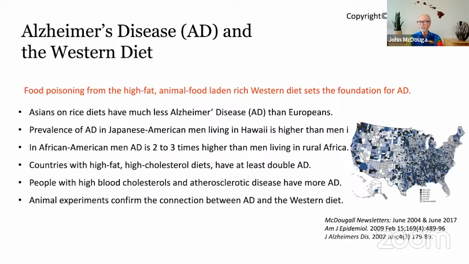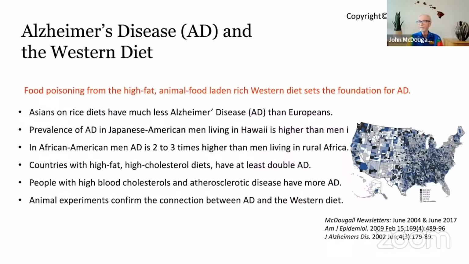As far as comparing Japanese Americans to native Japanese, the incidence of Alzheimer's disease is much higher in American Japanese people as opposed to people who were raised in Japan. The same thing with Africa. You find that in the United States, Black people have 2 to 3 times the risk of having Alzheimer's disease compared to, say, Black people from Africa, say live in rural or even modern Africa.